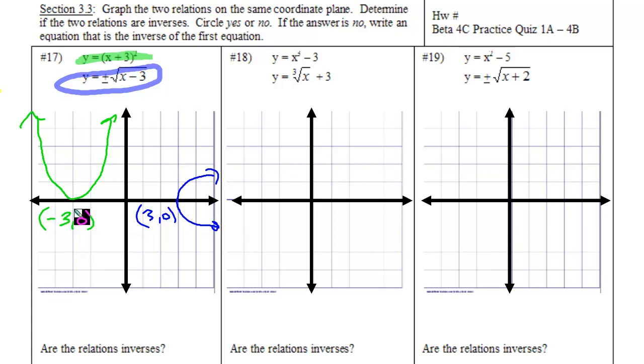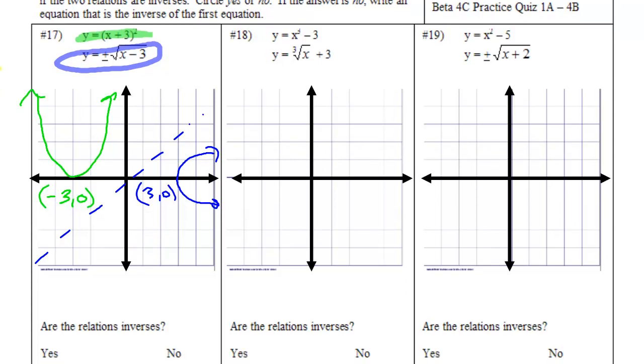Look at your vertices. If this vertex and this vertex are the same but in the opposite direction, in other words, this is -3, 0, this one should be 0, -3. It's not the case, not inverses. If you draw the line y equals x and reflect it, they're not on top of each other. So the answer to the question, no, they're not inverses.